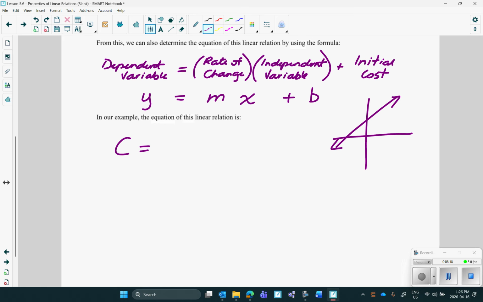We just found it above, 0.75. What was the independent variable? Number of toppings, so let's call it n. And what was the initial amount? How much did you have to pay if you didn't get any toppings? So that would be the equation of this linear relation. Very similar to y equals mx plus b.